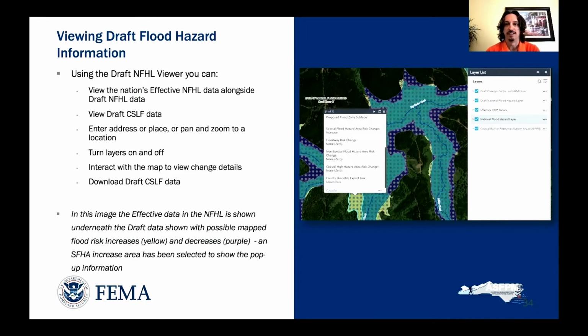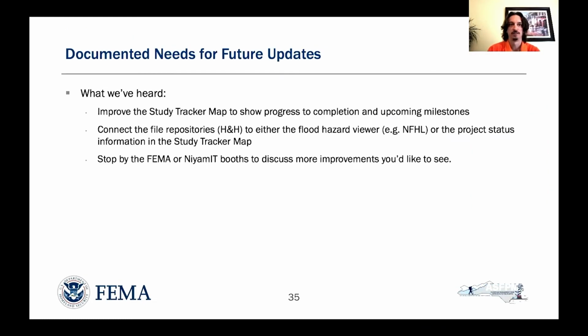And in draft, you'll see these polka dots. This is a differentiator, making sure we know that we're not looking at effective national flood hazard information or the preliminary. Once again, you can click on the map to bring up a pop-up, which shows some before and after risk information, and then scrolling down, as I did in this screenshot, you can export that draft CSLF data. Easy for me to say.